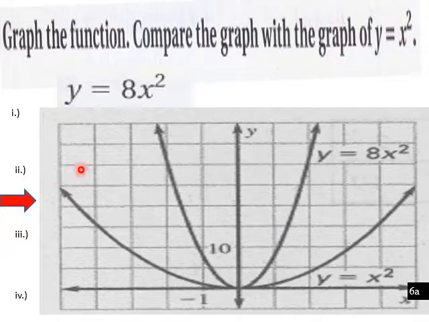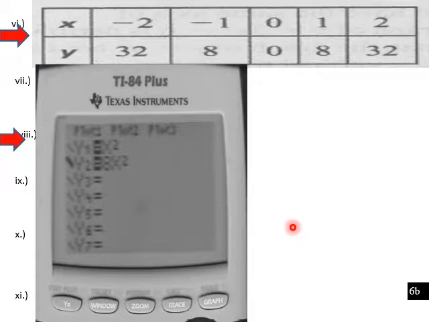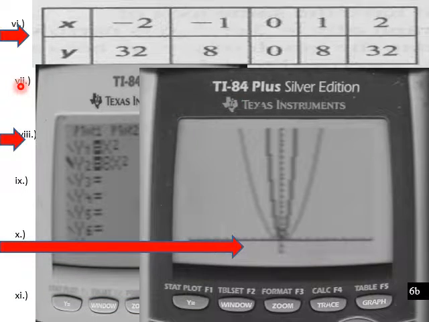It's much steeper, a vertical stretch of the y equals x squared graph. And then here's the table of values for that. I put in a calculator shot here, y equals x squared and y equals 8x squared down here, y2 on your TI-84. So here are the graphs on a TI. Here's your y equals 8x squared, this line here. Out here is y equals x squared.